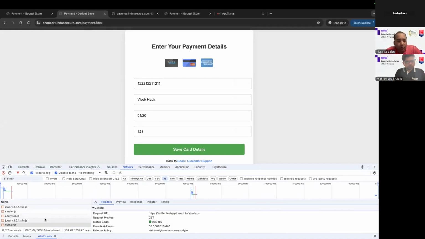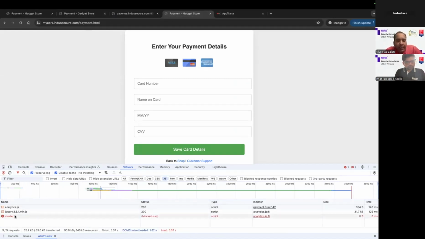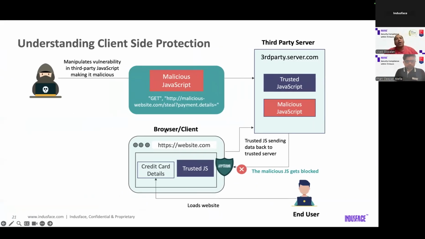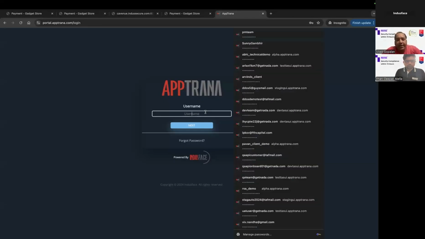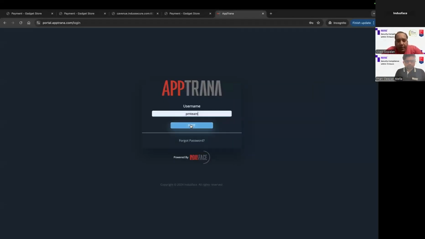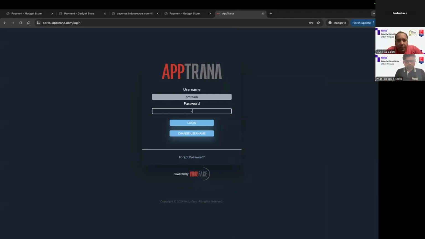But the abnormal behavior of that stealer.js getting loaded was automatically blocked because that was not part of the accepted behavior. So now when I give these credit card details, these details would not be captured and sent to the hackers. So that's pretty much how the browser-based protection works in Aptrana. Let me tie that all together in the portal and show you how everything works together.